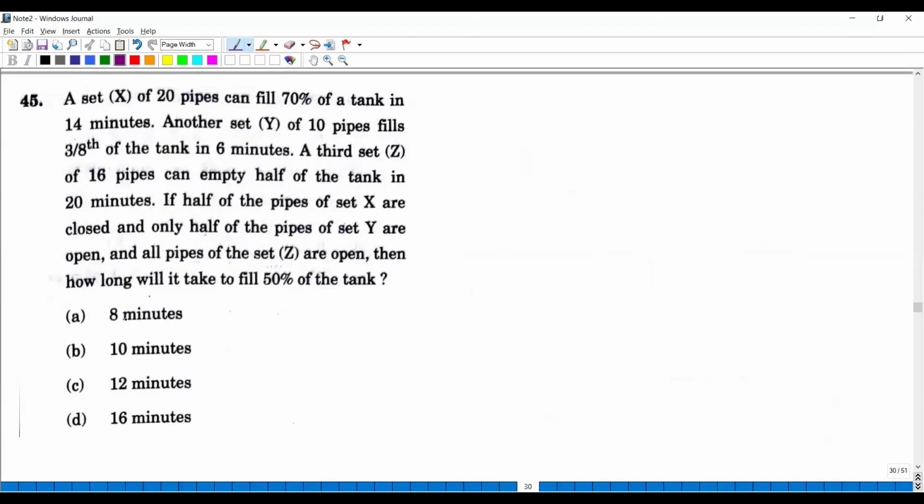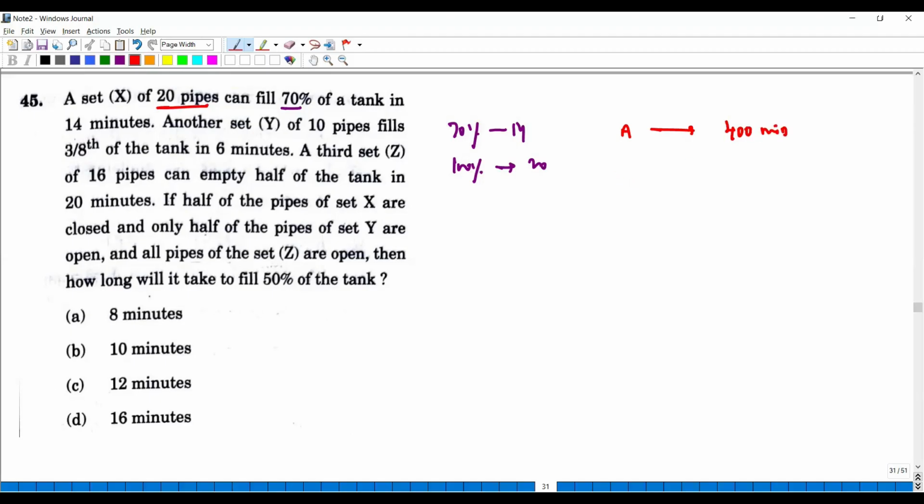This question is from time and work, but this one is a little bit calculative. I don't call it tough, but it is a little bit calculative. 20 pipes can fill 70% in 14 minutes, which means 100% in 20 minutes. That too, with 20 pipes, I'll take each pipe as 400 minutes.